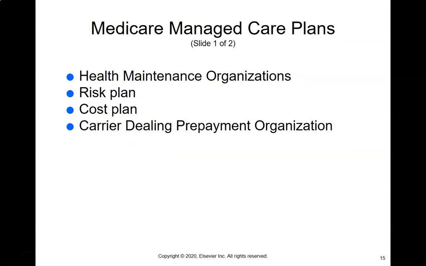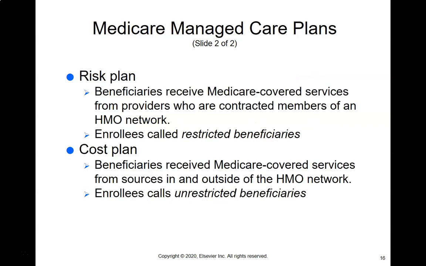Medicare Managed Care Plans. The Medicare Managed Care Plans are the HMOs, the health maintenance organizations, risk plans, cost plans, and carrier dealing prepayment organizations. The risk plan: beneficiaries receive Medicare covered services from providers who are contracted members of an HMO network.